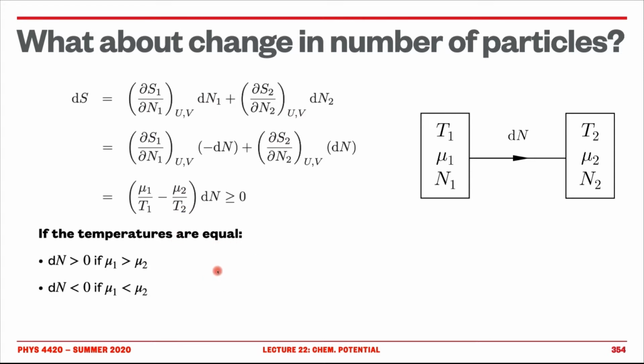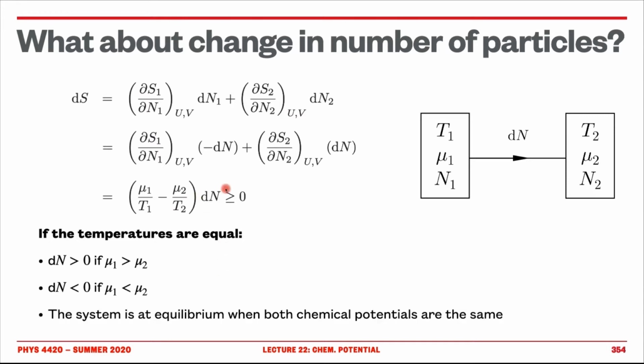So we've seen this. And of course, the number of particles dn will be equal to 0. So in other words, there will be no longer exchange of particles here when mu1 is equal to mu2. So in other words, the system is behaving in such a way that at the end, in equilibrium, the chemical potential on both sides will be the same. So this is not very surprising, because again, mathematically, T1 and mu1 have the same effect.